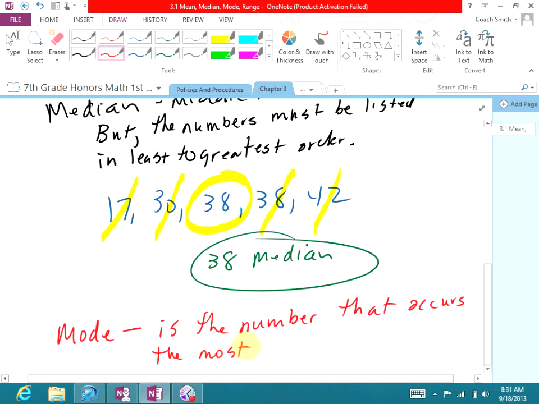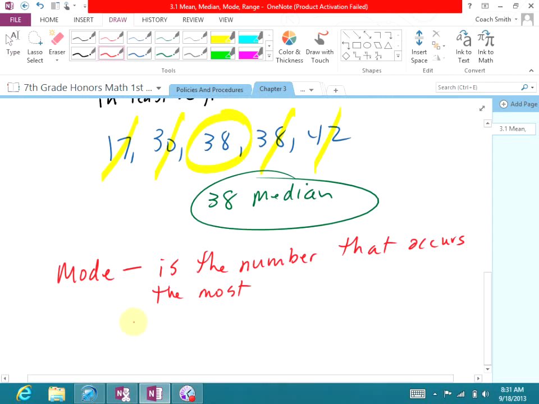Okay, it's the number that occurs the most in our numbers. So obviously on this one, we have 17, 30, 38, 38, 42. So obviously the mode is equal to 38.